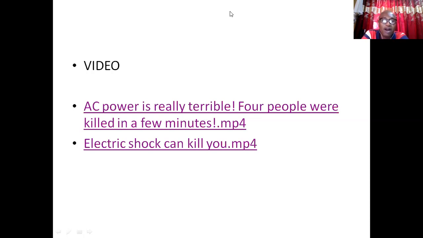That is the power of electricity. It can burn and turn a human body into ash. So this is a typical example of an electrical hazard, killing workers and even burning them alive in less than 5 minutes.